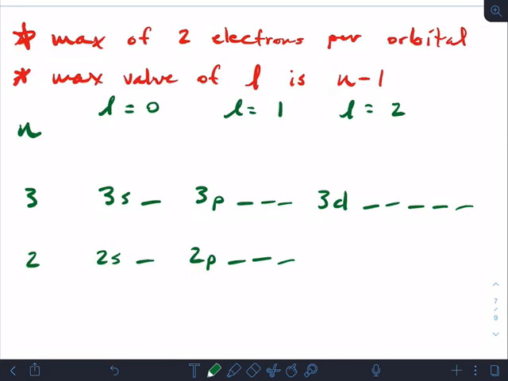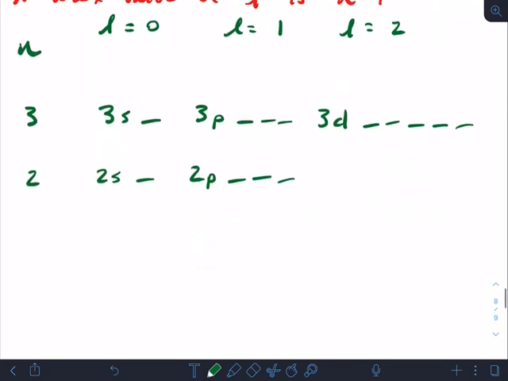But if my n is 2, then I can't get an L value of 2. The best I can do is an L value of 1. If I have an n of 1, all I've got is my 1s, because I can't get an L value of 1. Because L always has to be n minus 1.